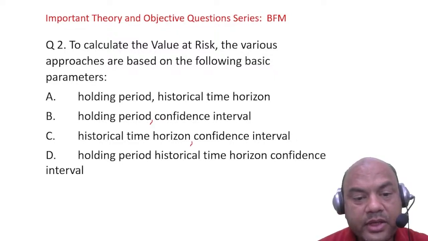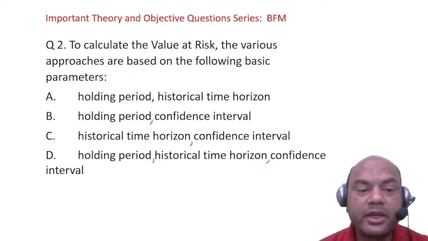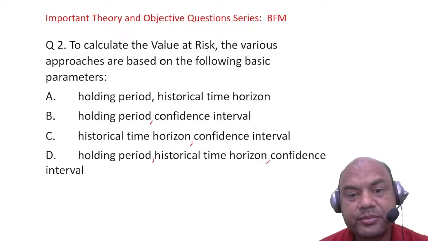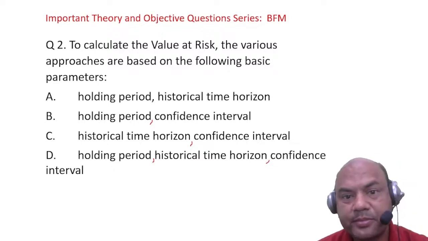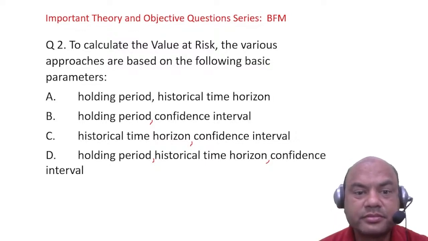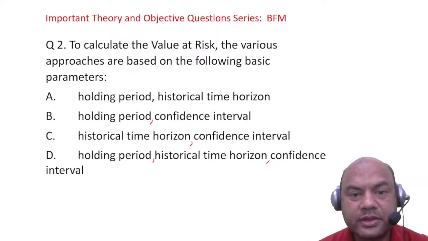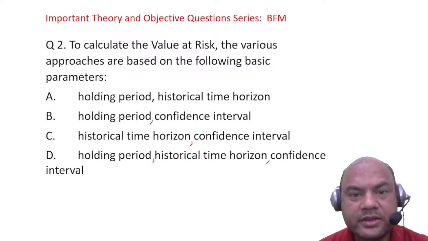Holding period, historical time horizon and confidence interval, all the three. So what is the correct option, A, B, C or D? What do you say, guys? Think over it. Think of the answer, everyone. Is it B or C?